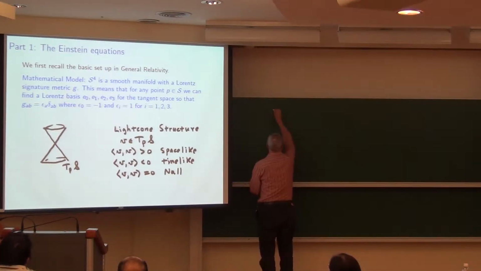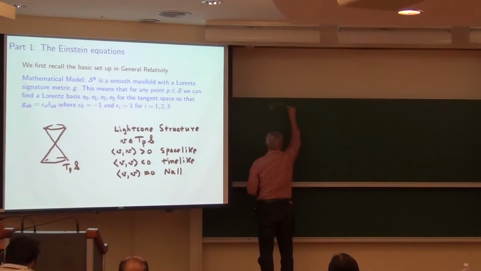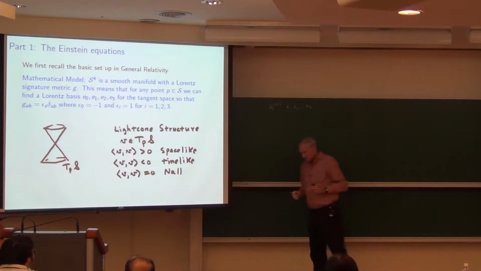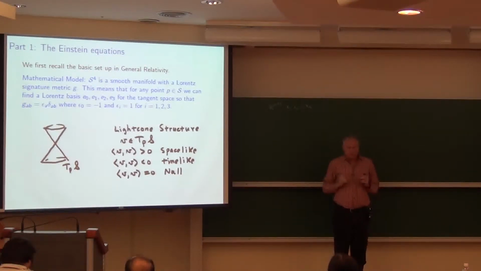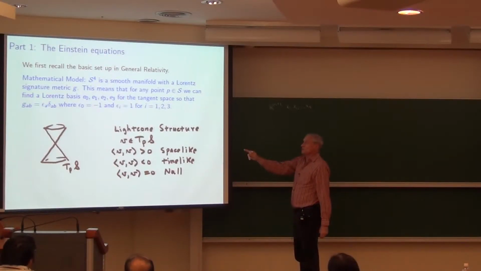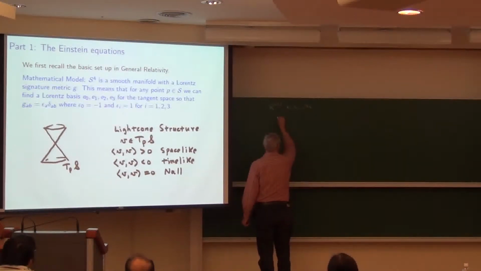So if we consider the Minkowski space, which is just R^(n+1), and if I call x0 up to xn the standard coordinates, then the Lorentz inner product on that space, which is linearly isomorphic to the one on each tangent space of the manifold, is given by, so we can write it in terms of brackets, v and w.